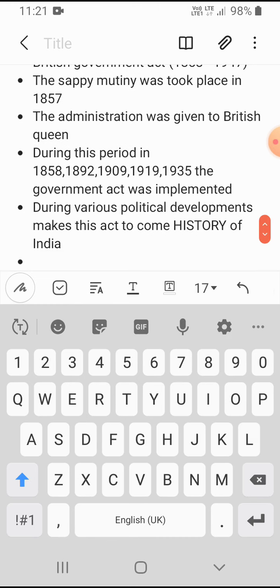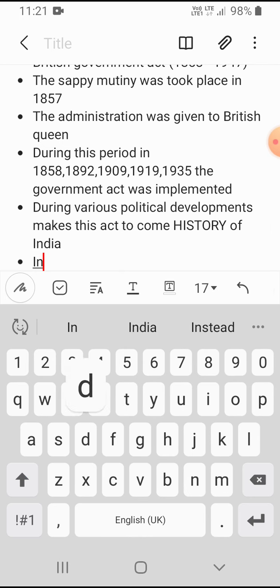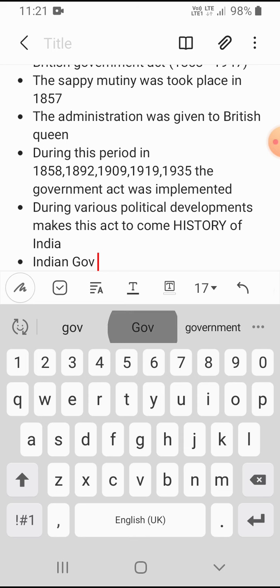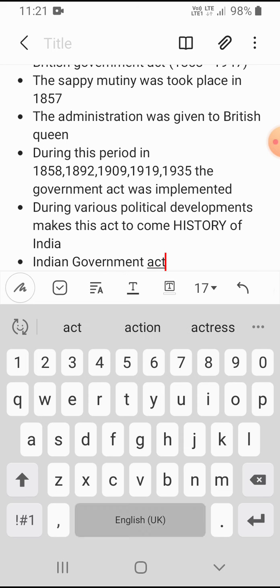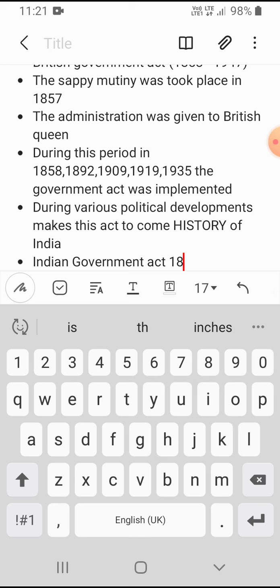It became important. So the first Indian Government Act was in 1858.